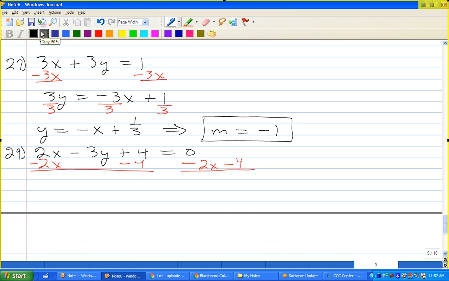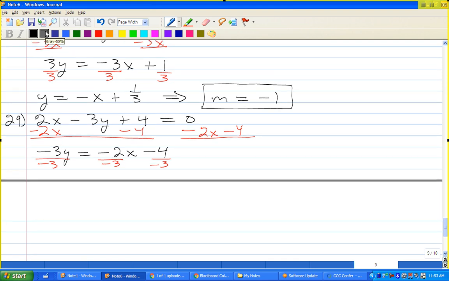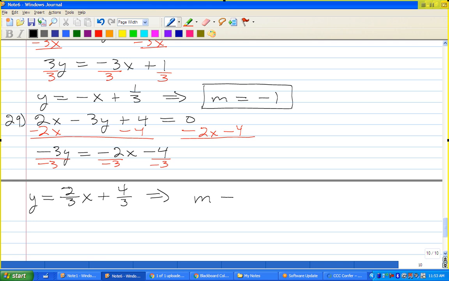So you get negative 3y equals negative 2x minus 4. Divide both sides of the equation by negative 3. So I get that y, negative divided by negative is a positive 2/3 x. Negative divided by negative is a positive 4/3. And so that says that my slope is equal to a positive 2/3.